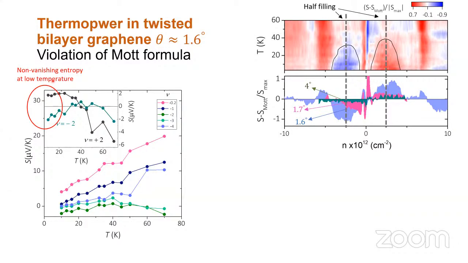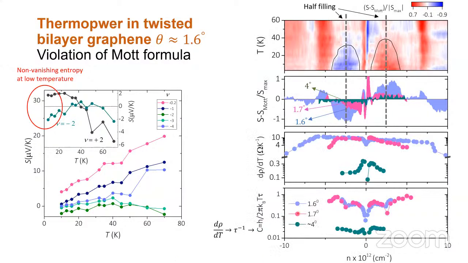There is a similarity of the thermal power in the physics of twisted bilayer graphene with that in various high Tc compounds. And what we did is look at the possibility of Planckian dissipation. The Planckian dissipation is nothing but, from dρ/dT, essentially, you calculate the scattering rate.